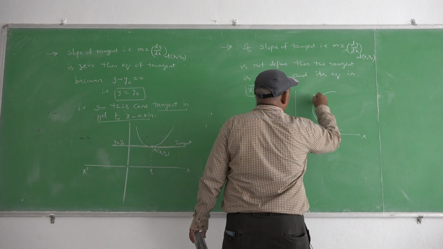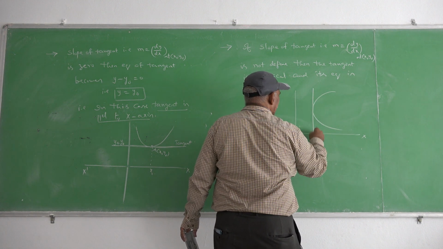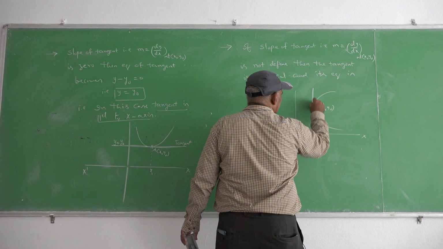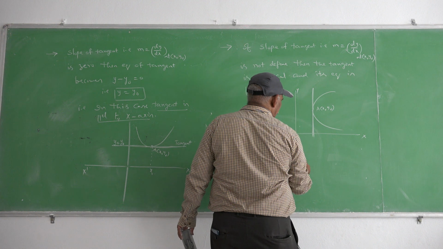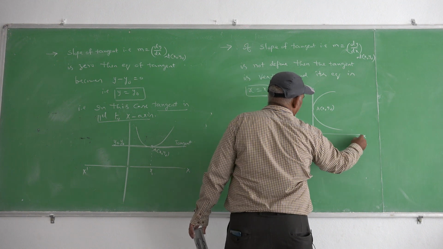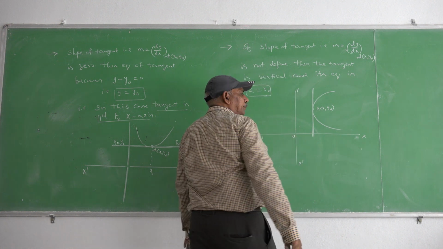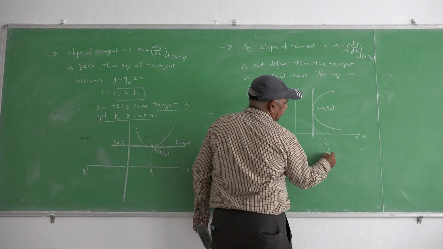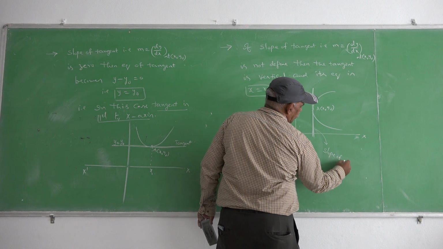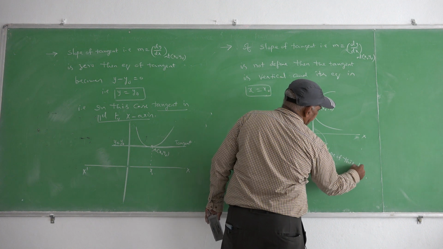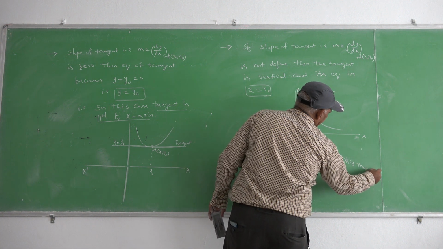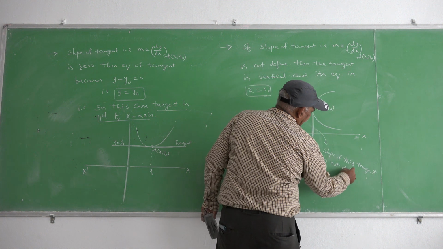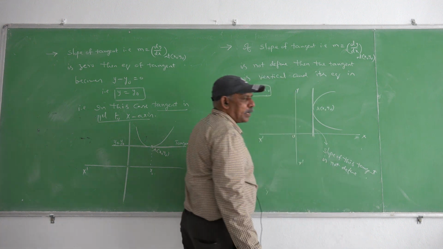Suppose the curve is like this. This is the point x naught, y naught. Here the tangent is parallel to y axis, vertical. The slope of this tangent is not defined because it is vertical. M is not defined.